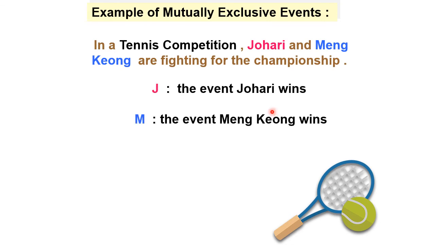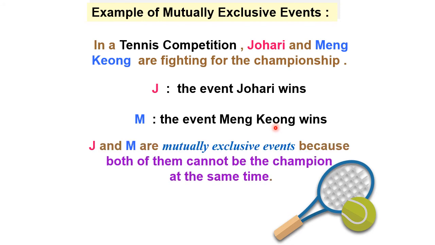So let's say event J, Johari wins, and event M, Meng Kiong wins. So obviously it cannot happen that two persons win at the same time, right? So this is what we call a mutually exclusive event. Okay, it means that only one of them can be champion. They cannot both be champion at the same time.